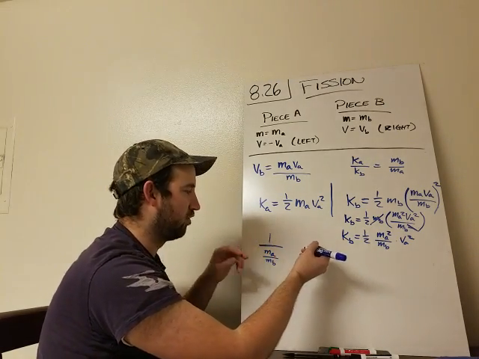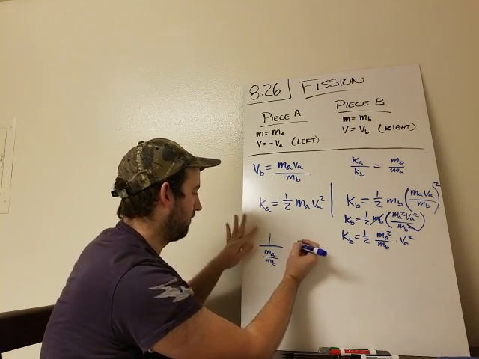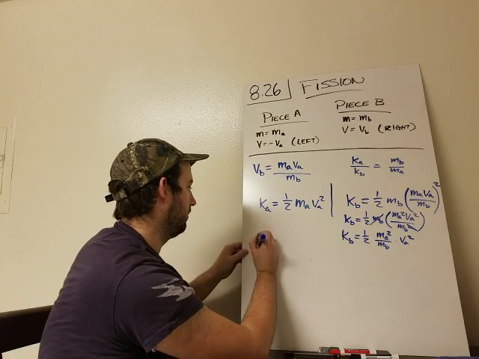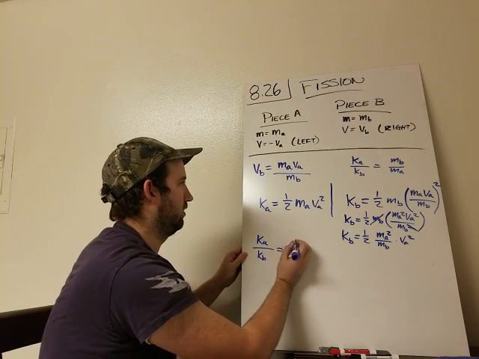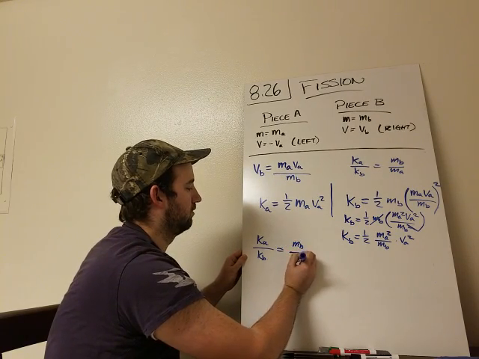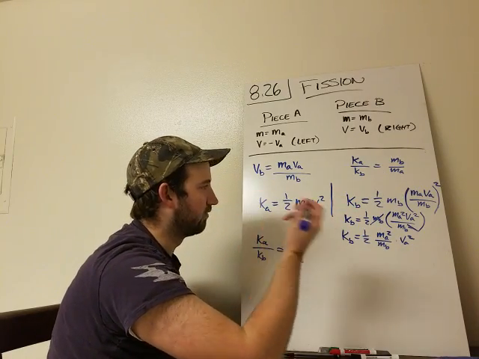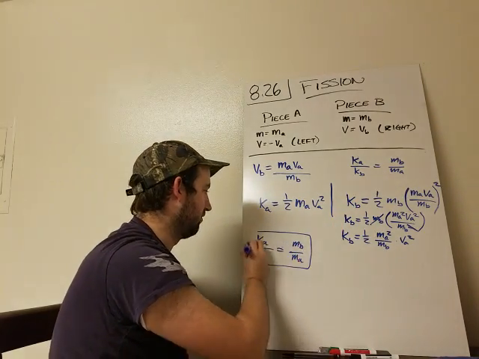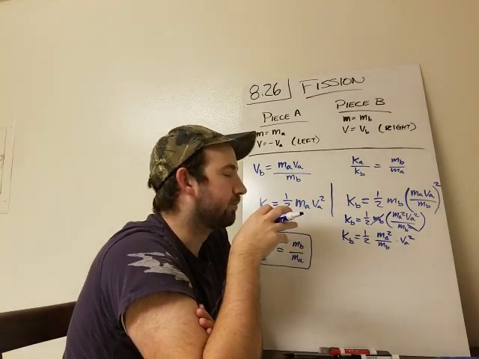When we flip and multiply, we end up that K A over K B equals m B over m A, which is exactly what we were looking for from the given problem. So since we've proved that, we know for a fact that those two values are equal.